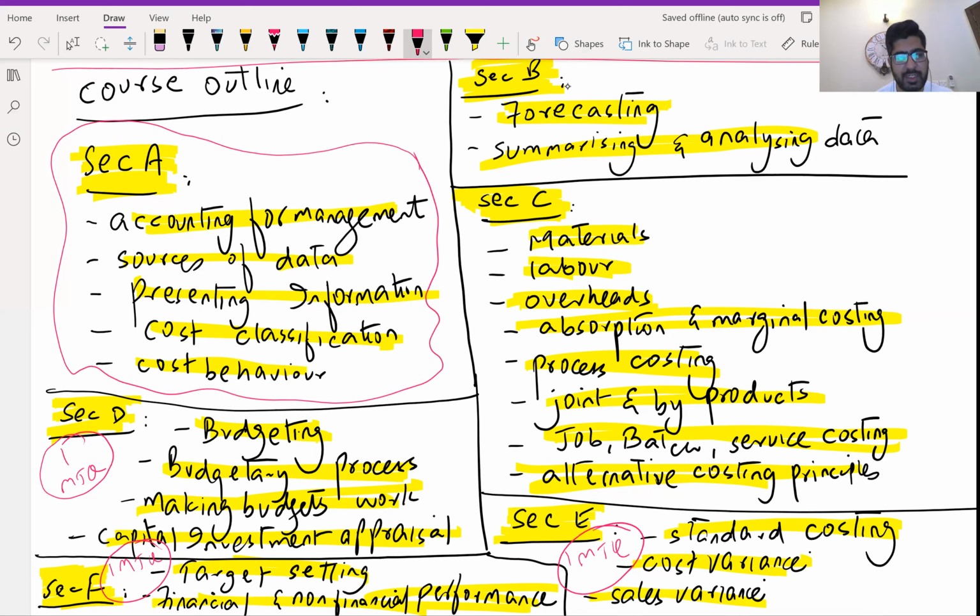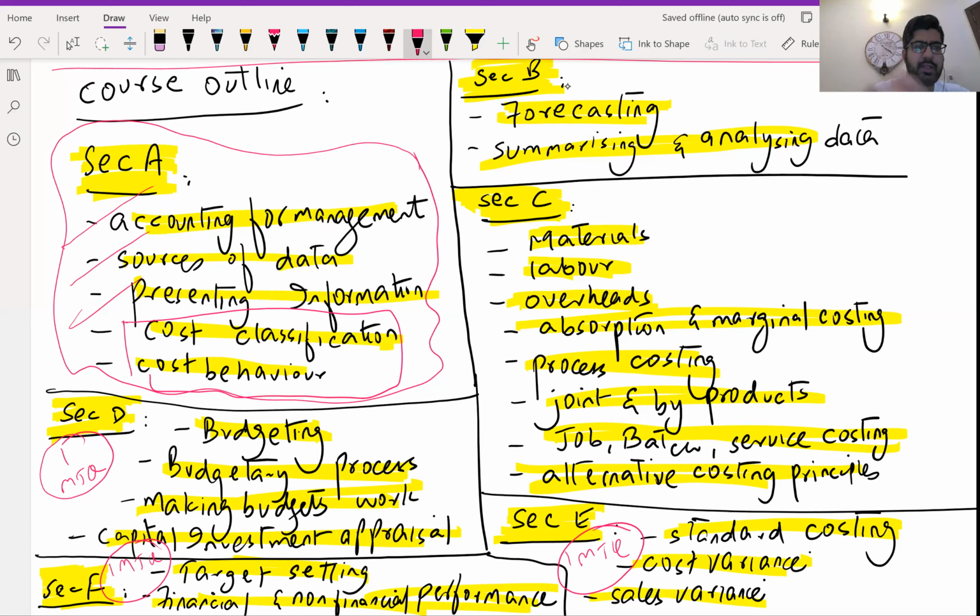Maybe I will move towards section C, maybe section B, maybe section D. That's not a problem. Obviously, till the end, all areas will be covered, but we will start with section A. In section A, the first topic we are going to start is cost classification and cost behavior. Once we are done with these, then we will do the remaining 3 aspects.